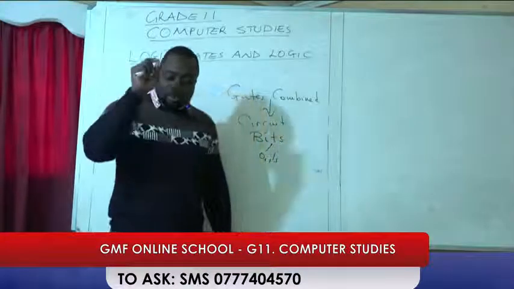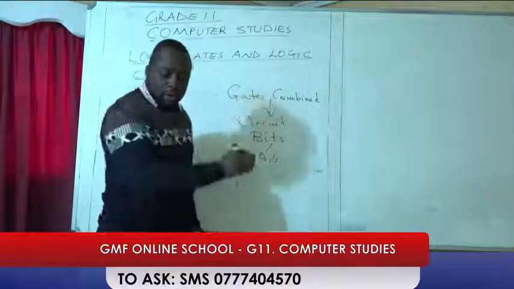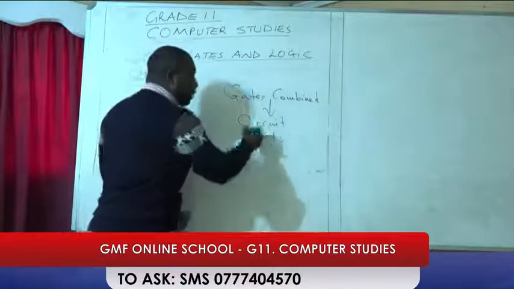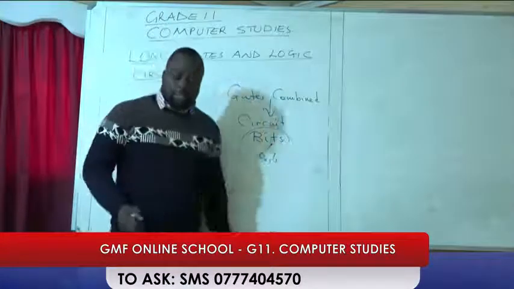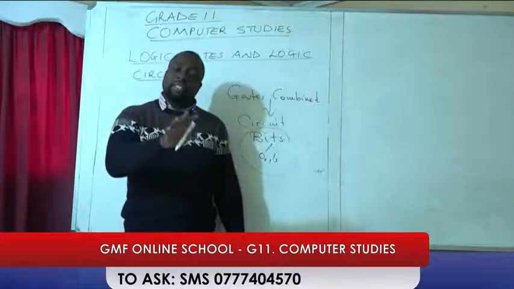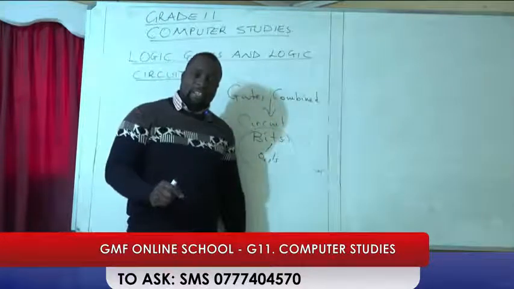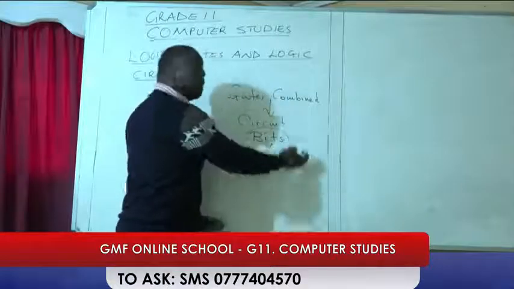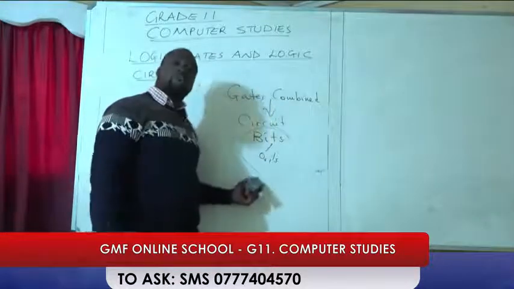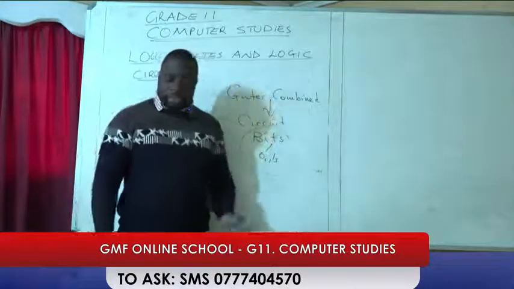The two states represent what we call the binary variables or the bits. So there are only two states in which these signals can be represented in binary form. Are we together?